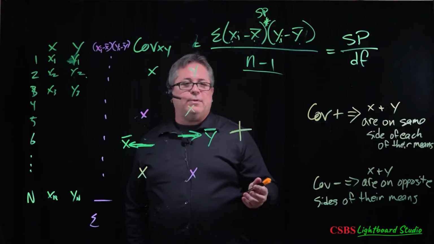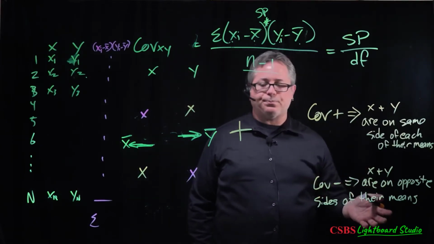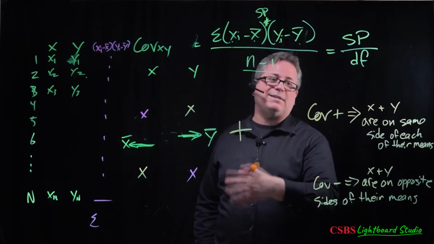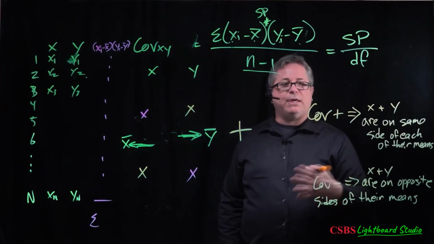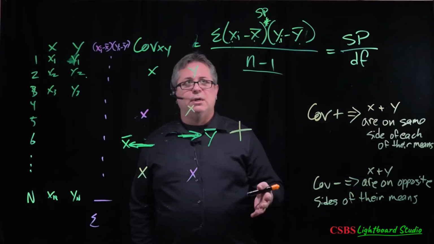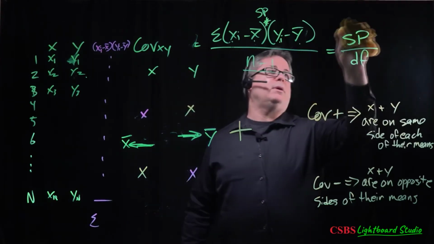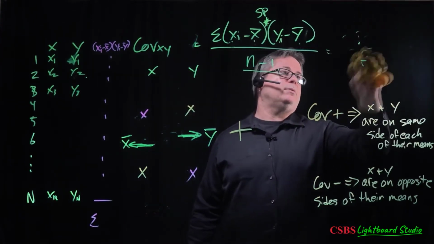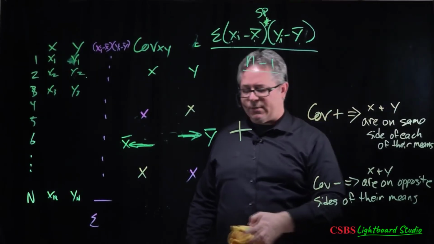It's sort of the same difference between raw scores and z-scores. Raw scores are not standardized, they're just in regular units, whereas z-scores are standardized. So if I want to take my covariance and make it into a correlation, how do we typically standardize scores?